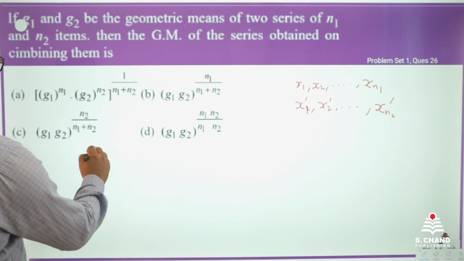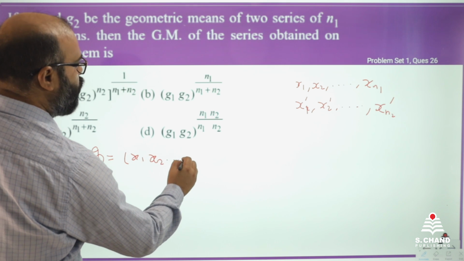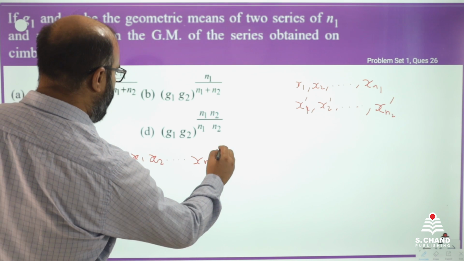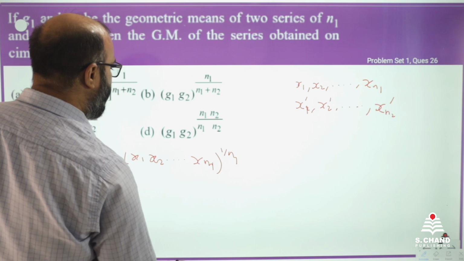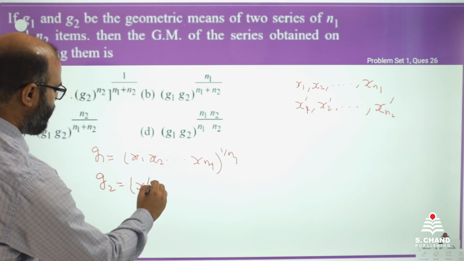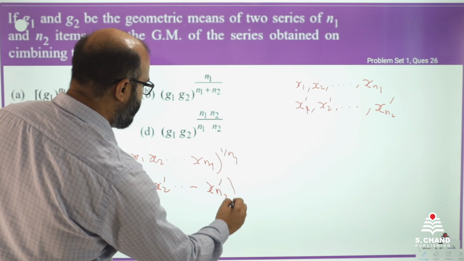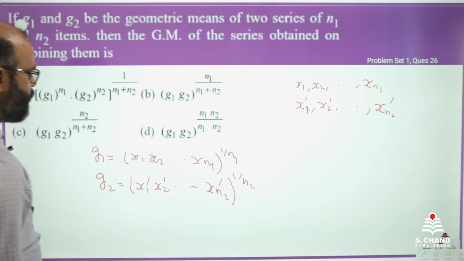Now G1 is equal to the n1th root of x1 into x2 and so on up to xn1, and G2 is equal to the n2th root of x1 dash, x2 dash, and so on up to xn2 dash.